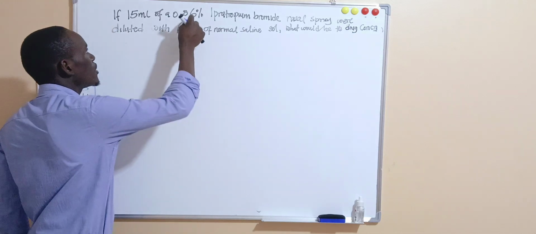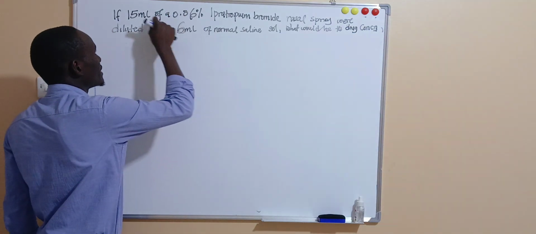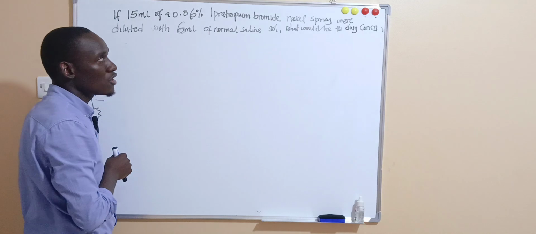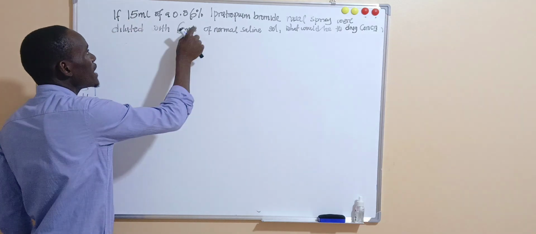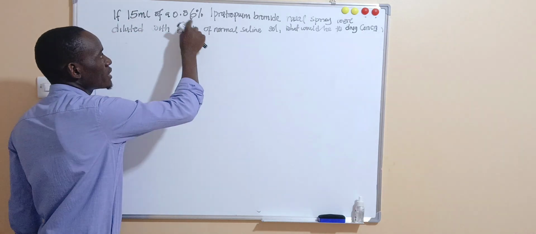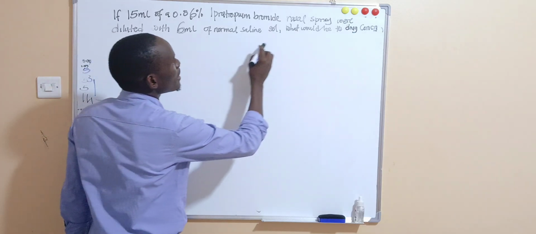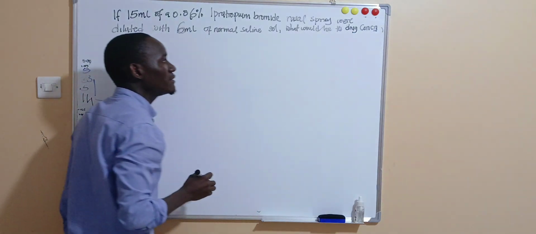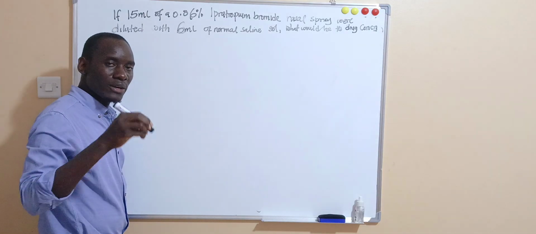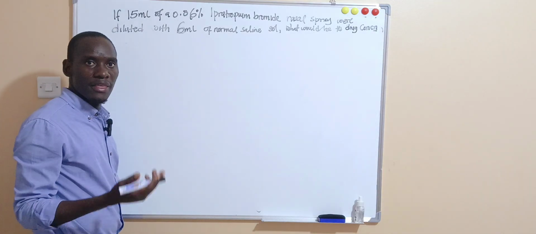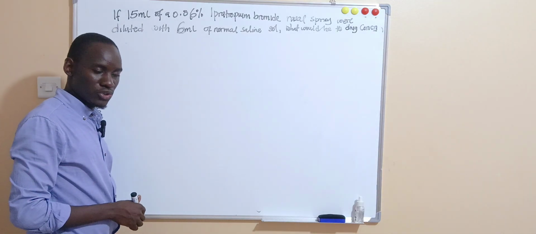Because initially we had 0.06 in 15 mils. So when these 15 mils were diluted with 6 mils of the solvent, now they want us to obtain what was the concentration of the diluted solution.